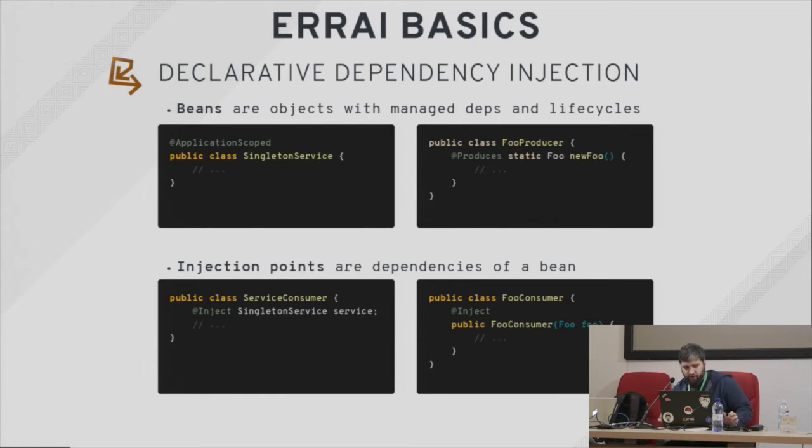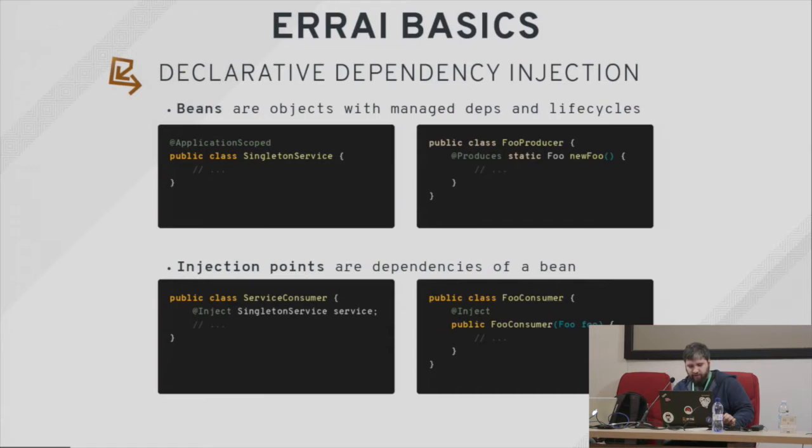So there are a couple different ways you can declare a bean in Errai. One that I haven't shown here is that you can inject any class in Errai that has a public no-argument constructor. So any type can be a bean, even if it isn't specifically made for Errai.